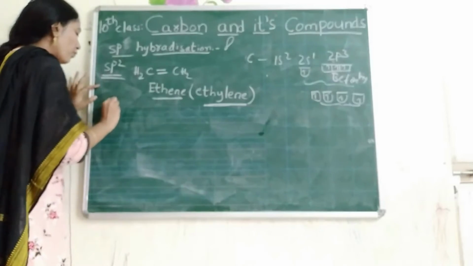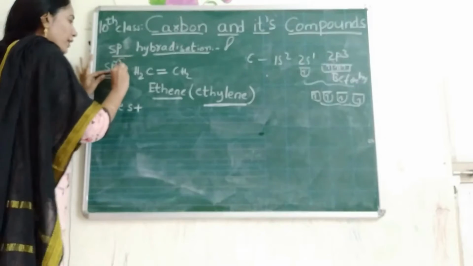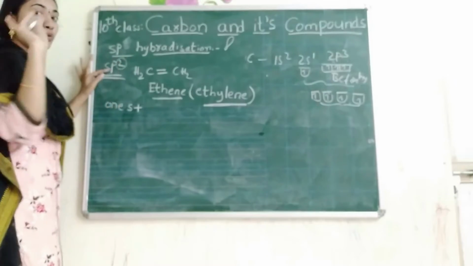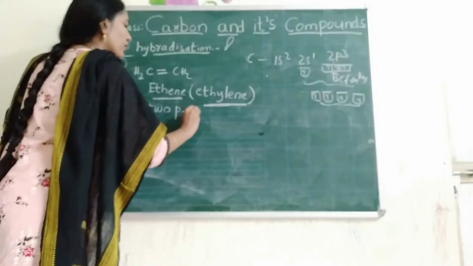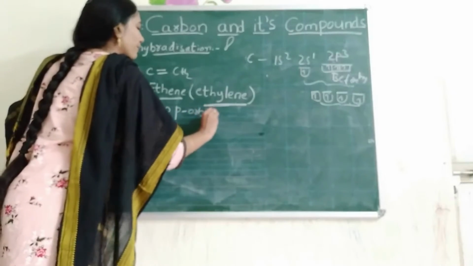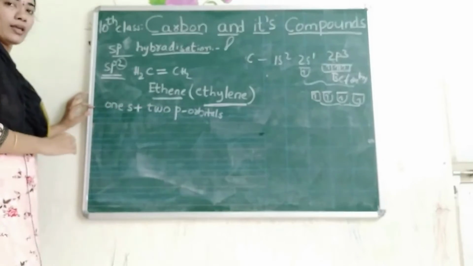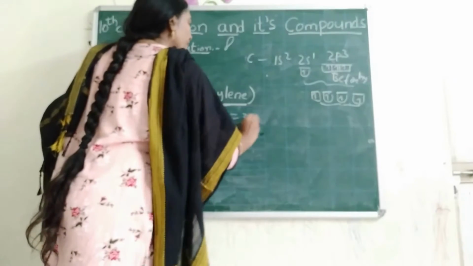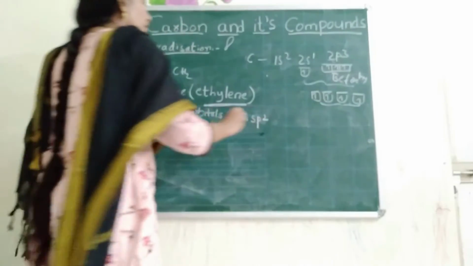That means one s orbital intermixes with how many p orbitals? Two p orbitals. One s orbital intermixes with 2 p orbitals and forms 1 plus 2, how many? 3 sp2 hybrid orbitals.